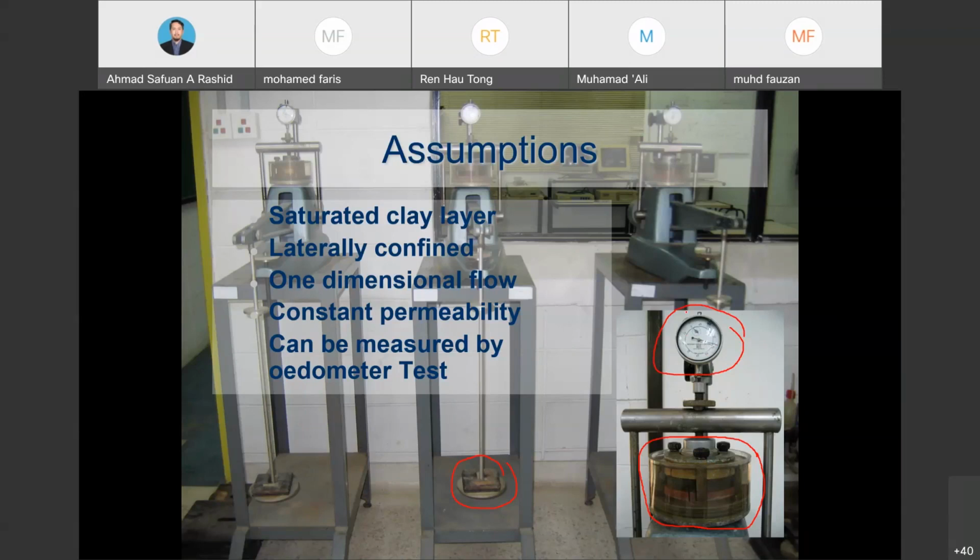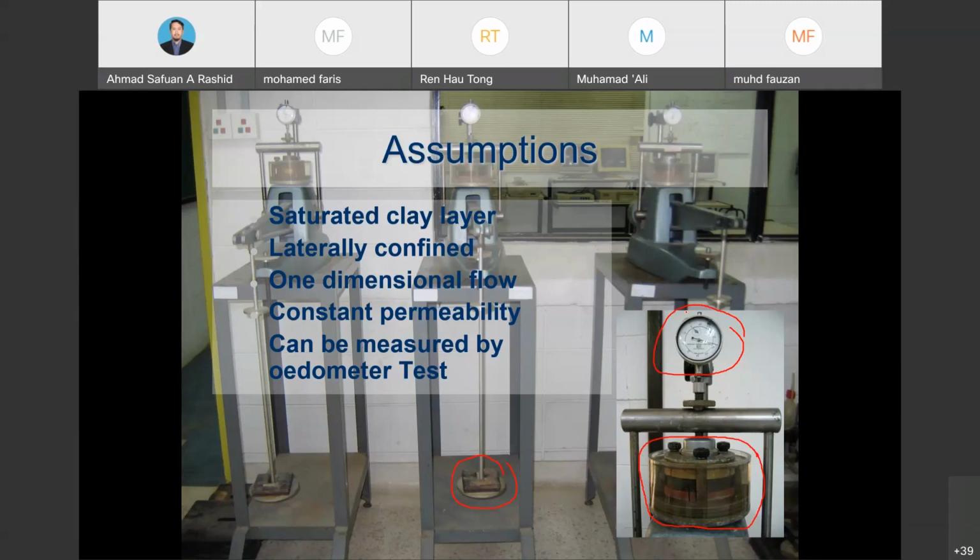So the assumptions that should be made. First, the soil, either in the lab or at the site, is a fully saturated clay layer. The confining ring makes the loading process laterally confined. When it is laterally confined, it will be a one-dimensional flow.